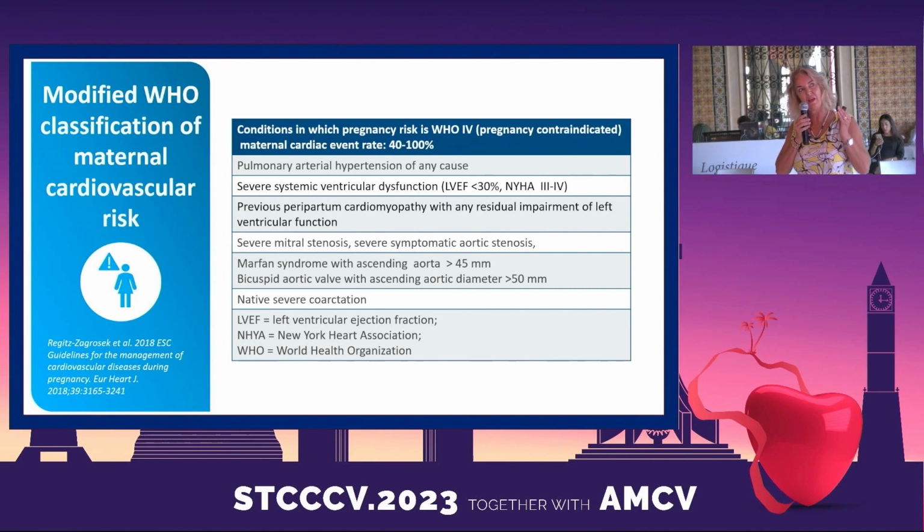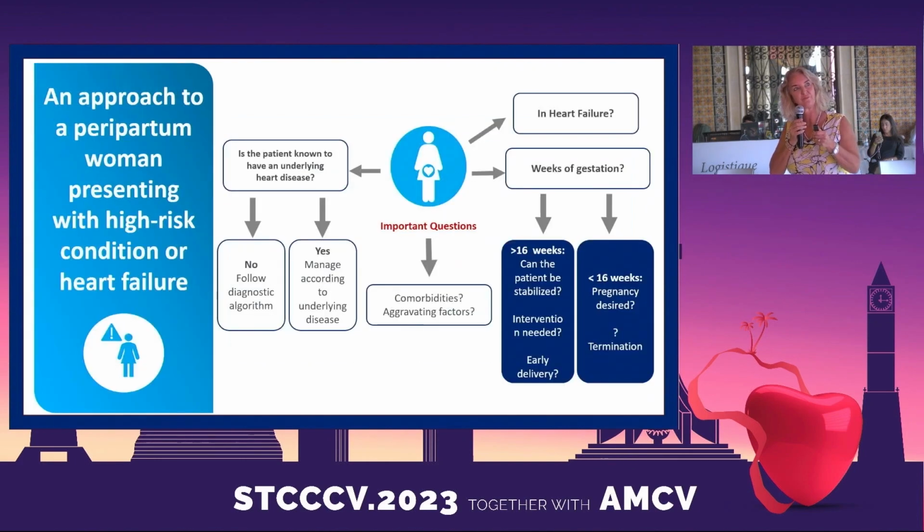This is anybody with pulmonary arterial hypertension of any cause, severe systemic ventricular dysfunction with an ejection fraction of less than 30% or being symptomatic class 3 or 4, previous peripartum cardiomyopathy with residual cardiac dysfunction, severe mitral stenosis, severe aortic stenosis, we come to Marfan, and severe aortic coarctation.